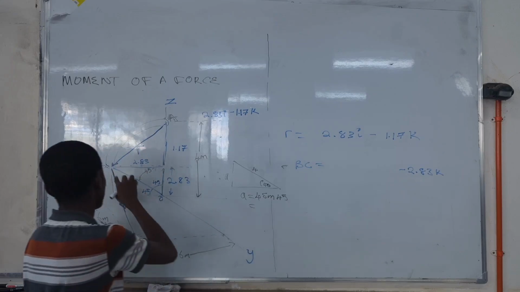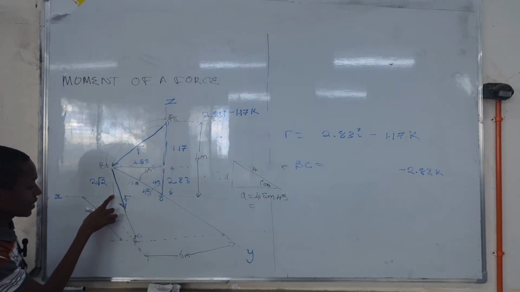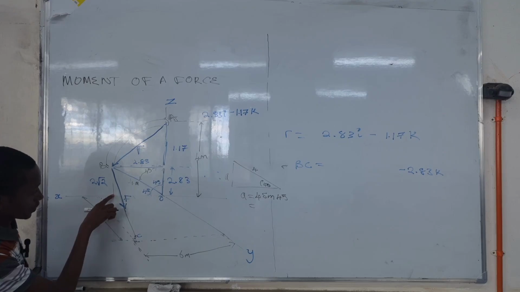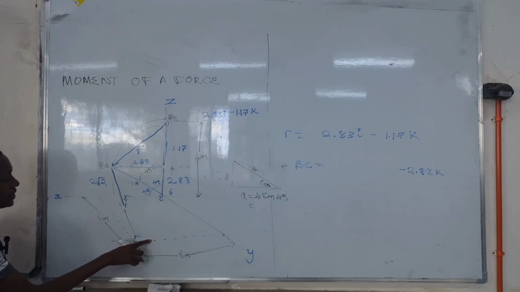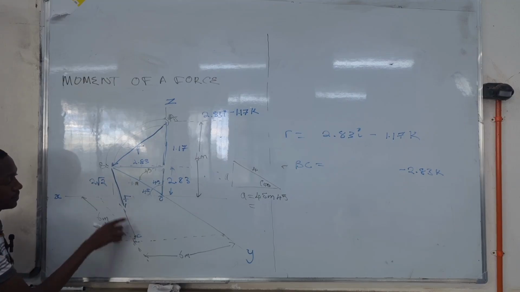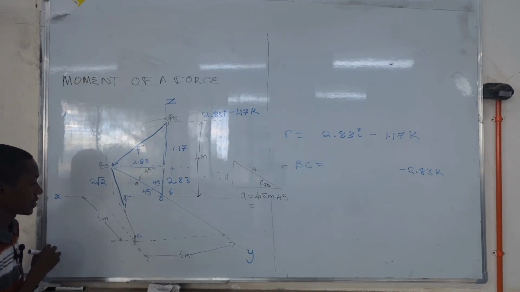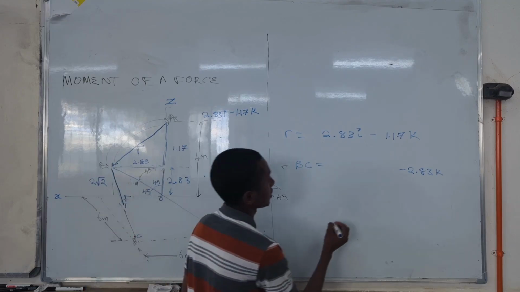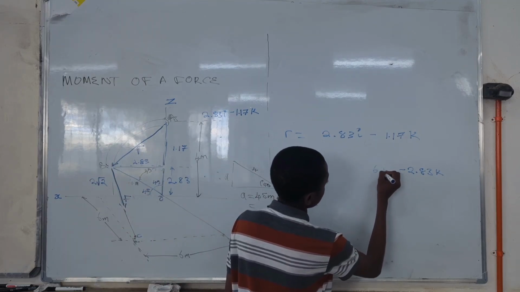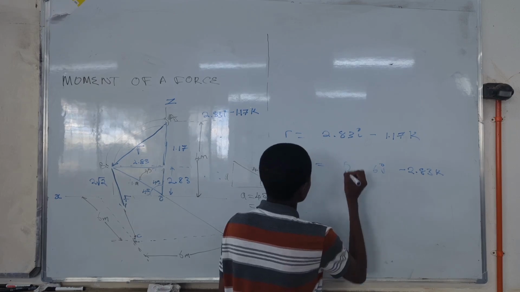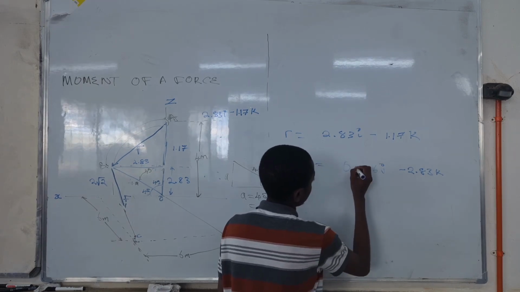Okay, so we move down like this. Then we'll go like this in the Y. So that is 6 in the Y. So it's going to be positive 6 j. And we haven't moved in the X, which is 0.